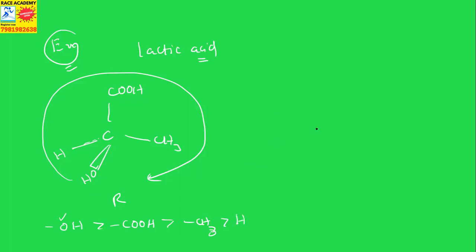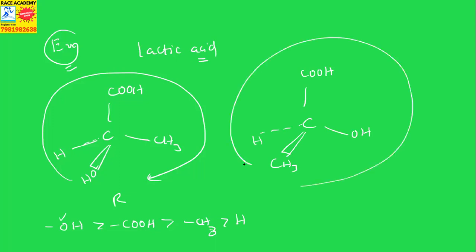This is the order. So if you see this one in the anti-clockwise direction, you just have to swap the OH and CH3 only. So you'll write OH here and CH3 here. So in this case, we have this type of anti-clockwise direction of rotation. Okay, that means the configurations R and S for lactic acid can be written like this.